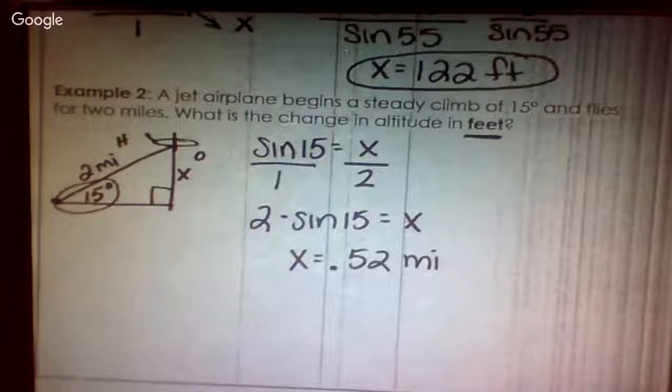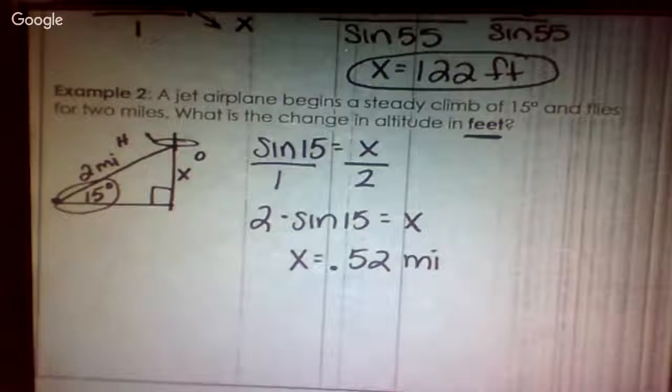How many feet are in a mile? Somebody find it for me. How many feet are in a mile? 5,280 feet are in a mile.